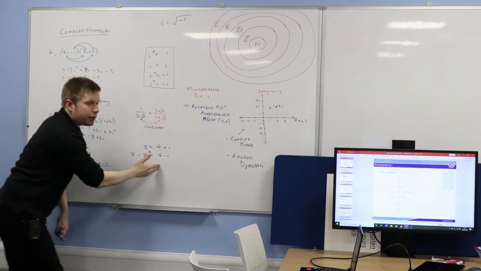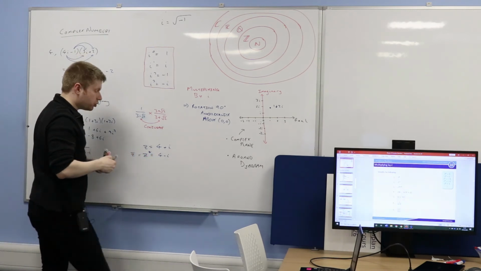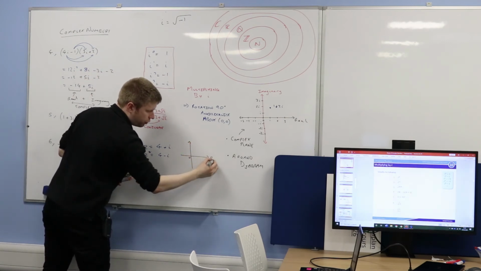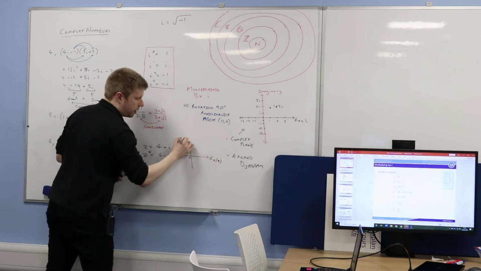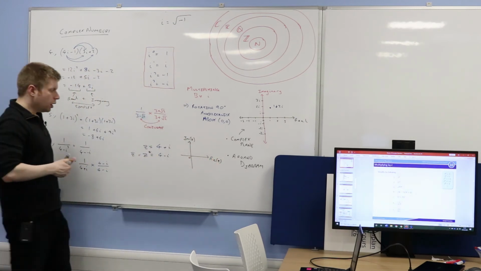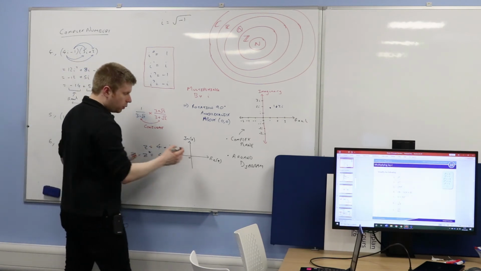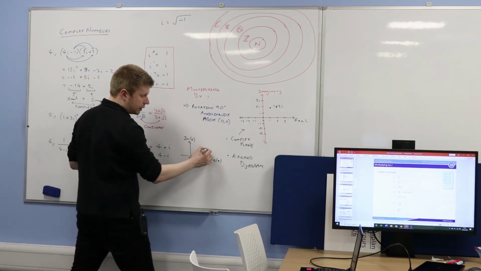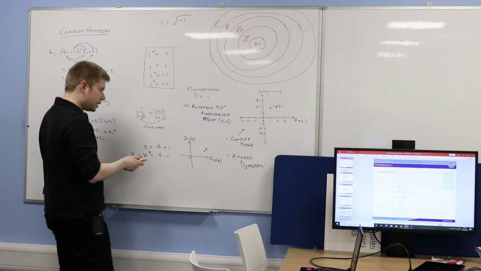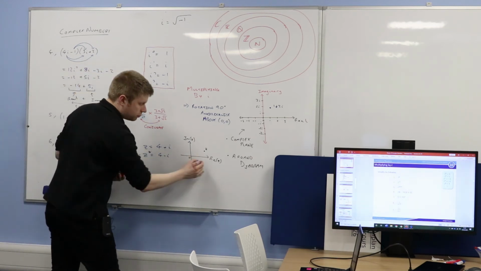Now just think about these things on the complex plane, geometrically. So that's my real part of z, and that's my imaginary part of z, because z is the number that I'm using in this case. You notice 4 plus i would be about there. Okay, so that's z, that's 4 plus i. 4 minus i would be down there.